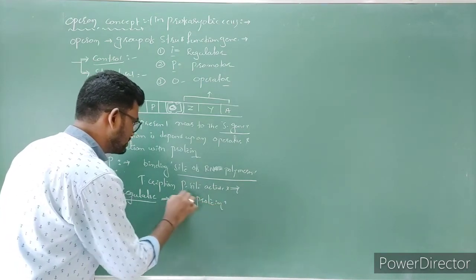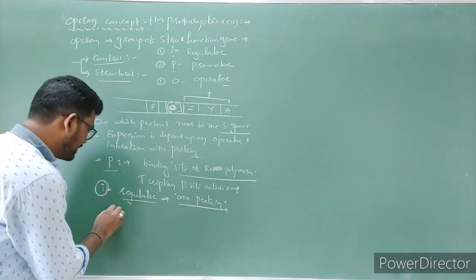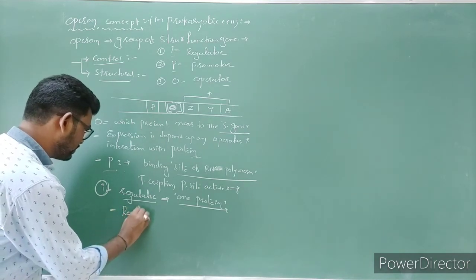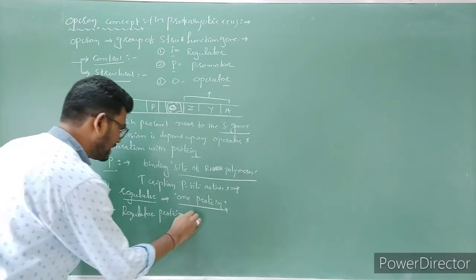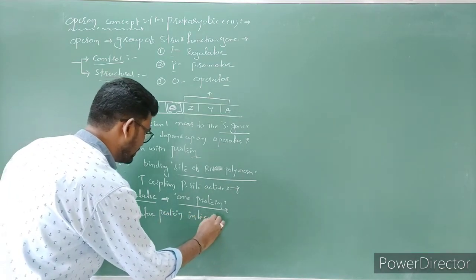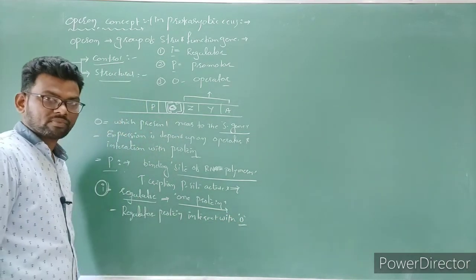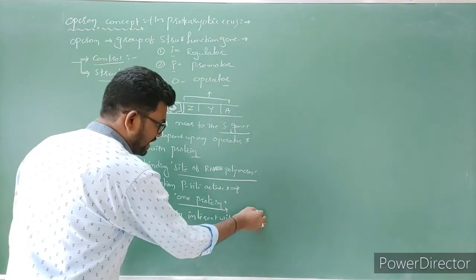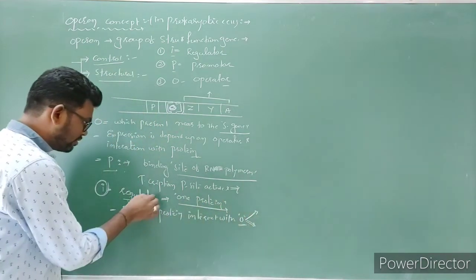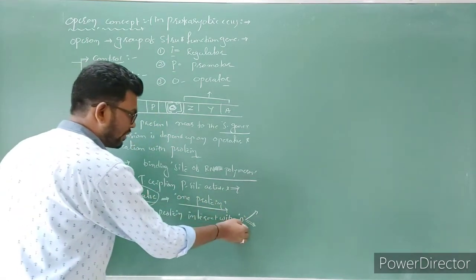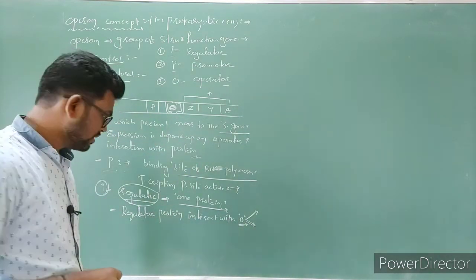This regulatory protein interacts with the operator. O means operator. Whether the operator switches on or off depends upon the interaction between the regulatory protein and the operator. We will learn that in the lac operon concept.